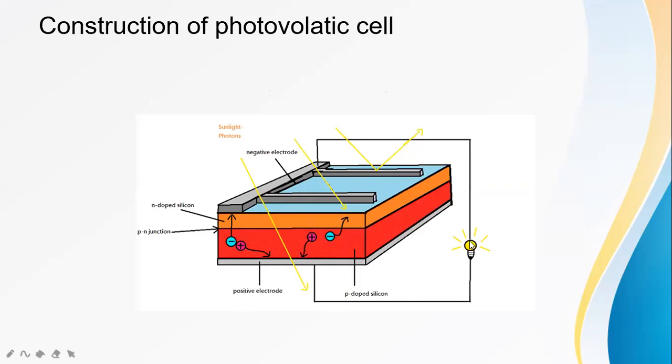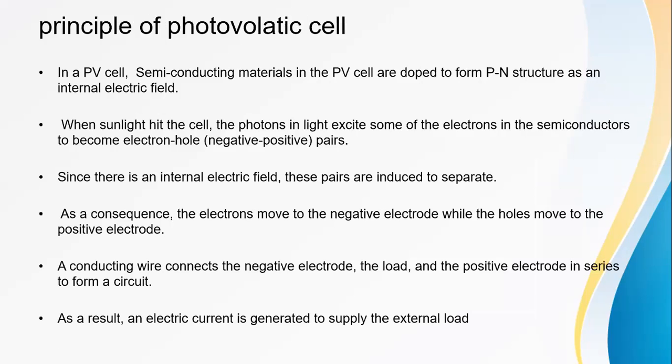There will be a bulb connected between the positive and negative electrodes. Whenever there is sunlight on this junction, photons at this junction generate electron voltage. After that, the extraction will take place. Then current will flow through this connected device.